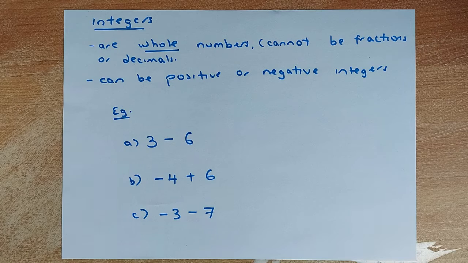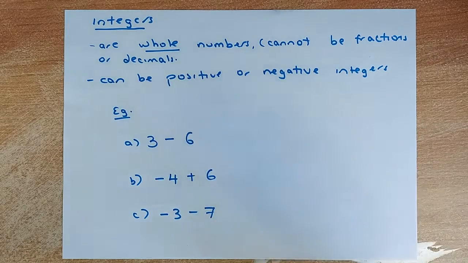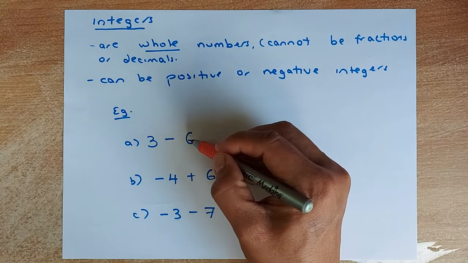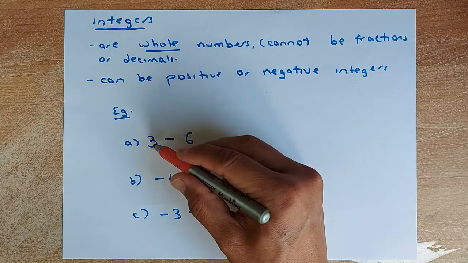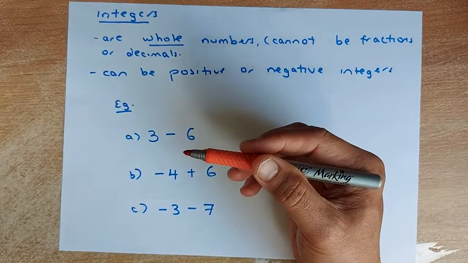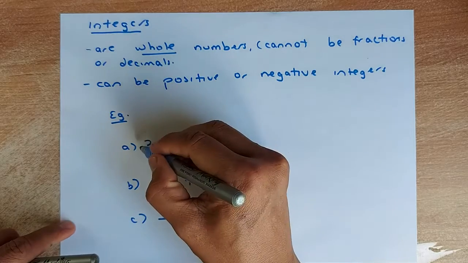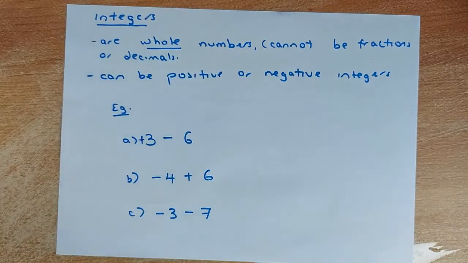So we shall do some simple adding. In this question, a minus and a plus are called the operation. This minus belongs to this number. The 3 has no operation, so we are going to put a positive 3, because 3 means a positive 3, and we're going to add them.